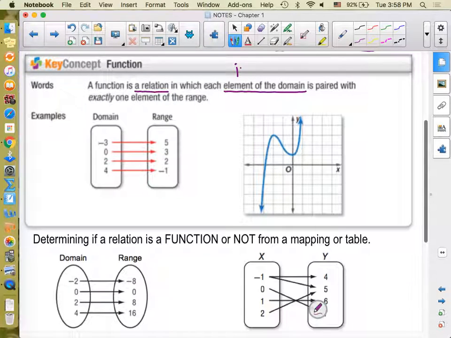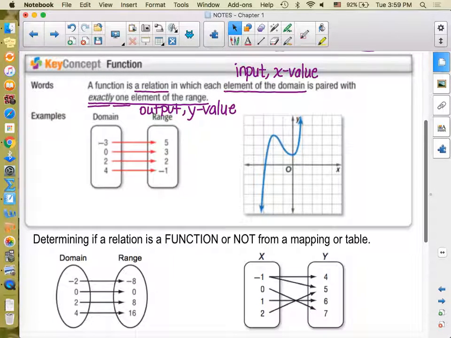So think about it as each input, another word you can say, each X value. Each value of my independent variable is paired with, to be this functioning relationship, exactly one element of the range. So exactly one's important. Element of the range just means one output or one Y value. So to actually be this idea of a function, we're going to read it one more time.